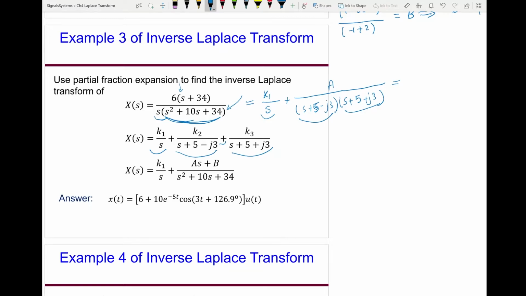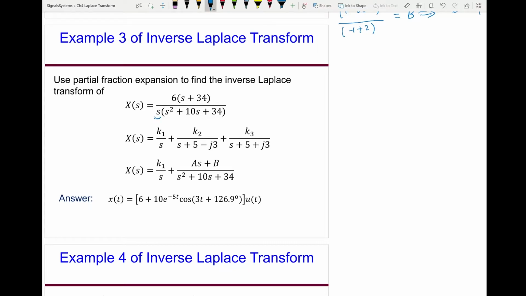Now when you get this one, it's not a good idea. If you factor out a polynomial and you get complex roots, then don't factor it, because to do the inverse Laplace transform of these is going to be many steps. So best is to do the following.